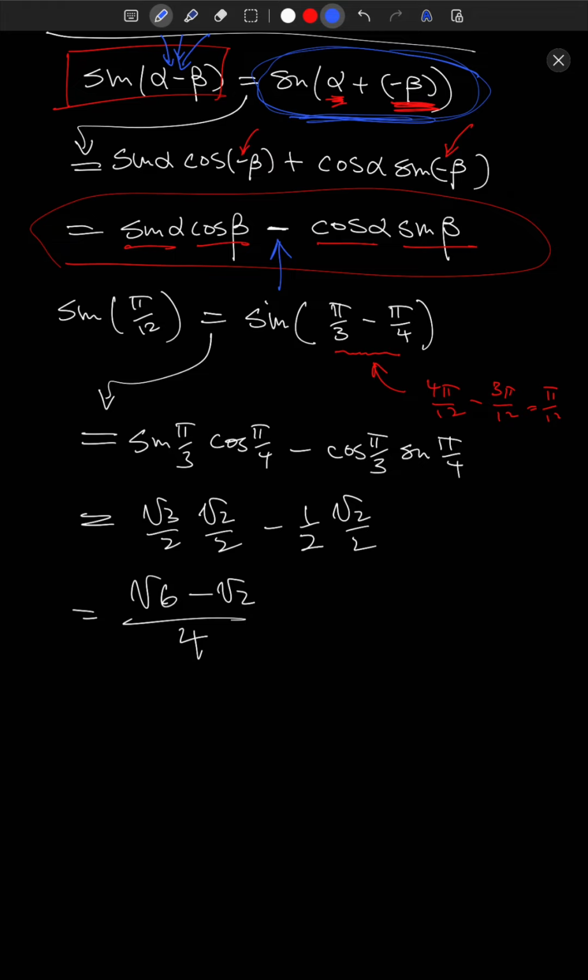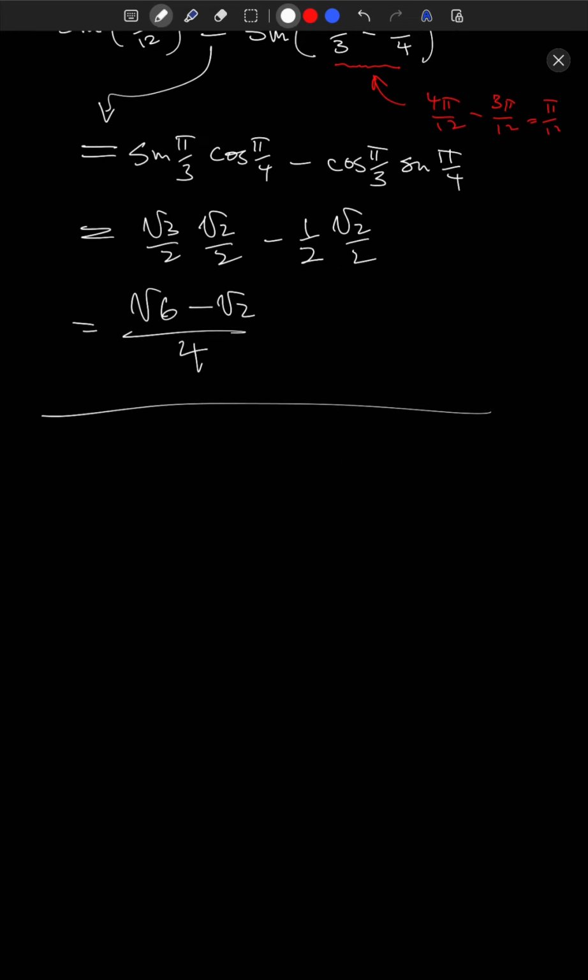All right. But probably what will happen is in this class you'll be using it so much that you'll kind of automatically have it committed to memory. And again, this allows us to also do verify problems that involve sine of something minus something else.